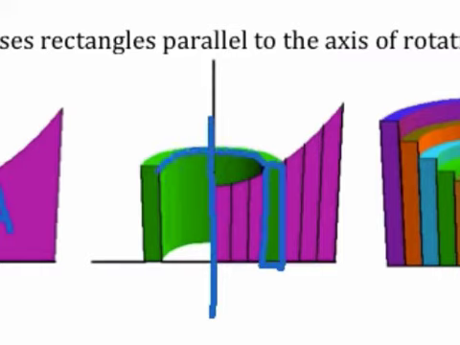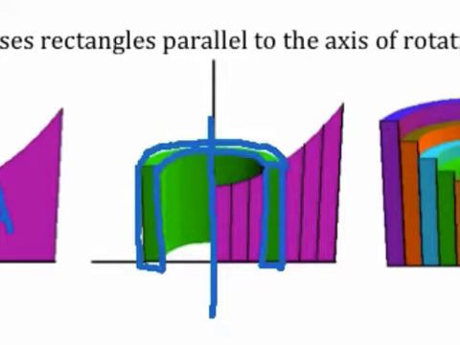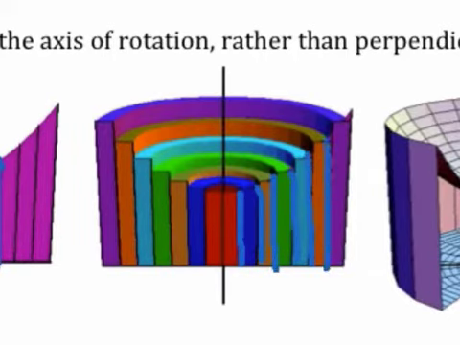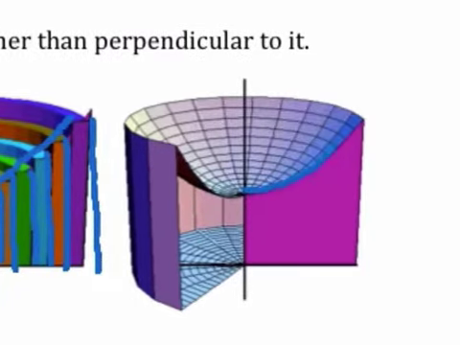And you can see that it creates sort of a shell around that axis. And you can see if we divide this up into many rectangles, then we get many shells here, and when we rotate all of these, we're going to get basically our volume of the entire solid.